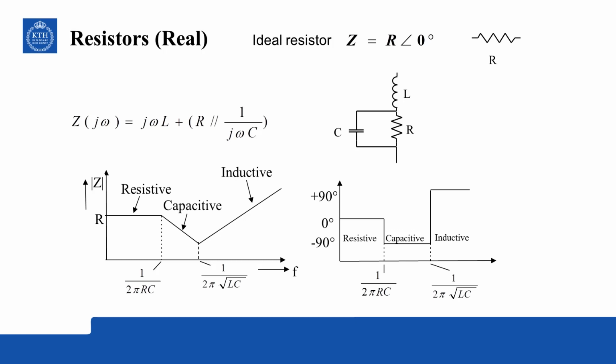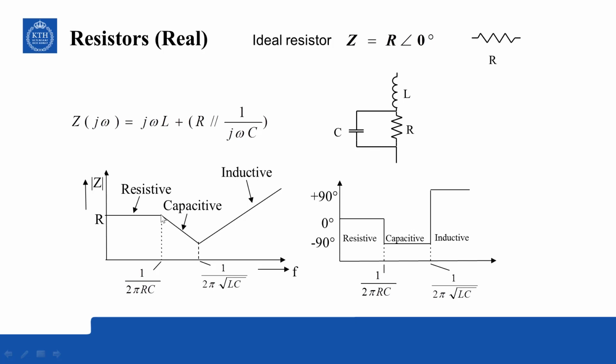Now as you move away from the DC value, at one point resistance R becomes equal to 1 by j omega C, and that point is given by this. So the capacitive impedance is coming from a very high value, so they are in parallel combination.